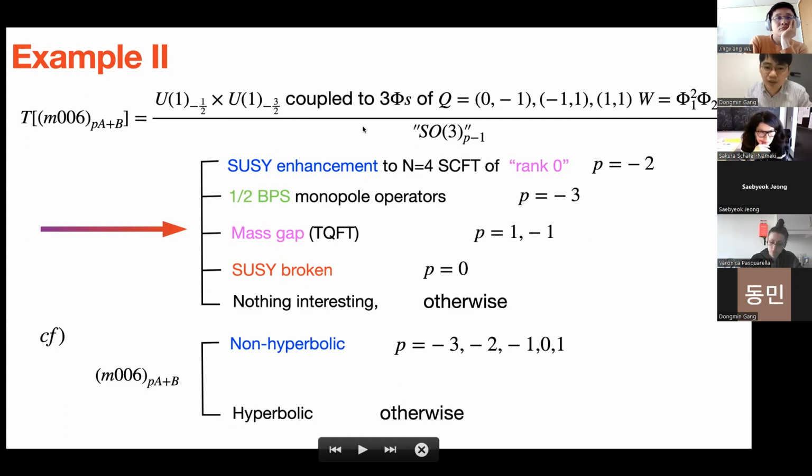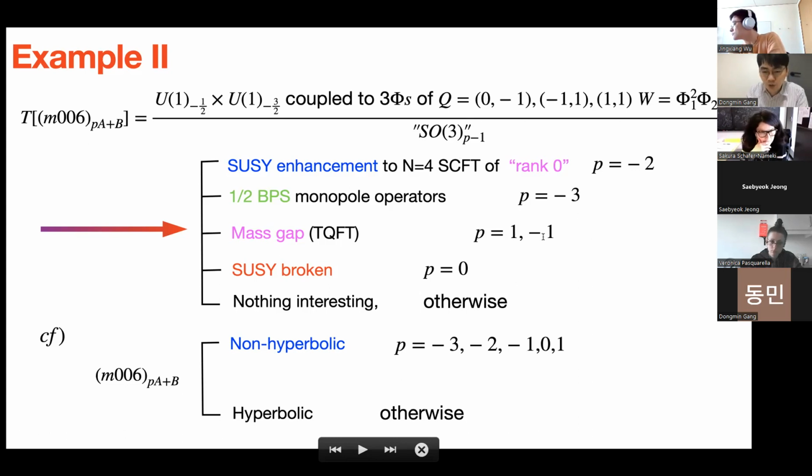Again we can do a similar analysis using various techniques, and we found that in the P equal -2 case there is a supersymmetry enhancement, and it becomes an N equal 4 CFT. In the P equal -3 case, the monopole operator becomes half BPS instead of quarter BPS.